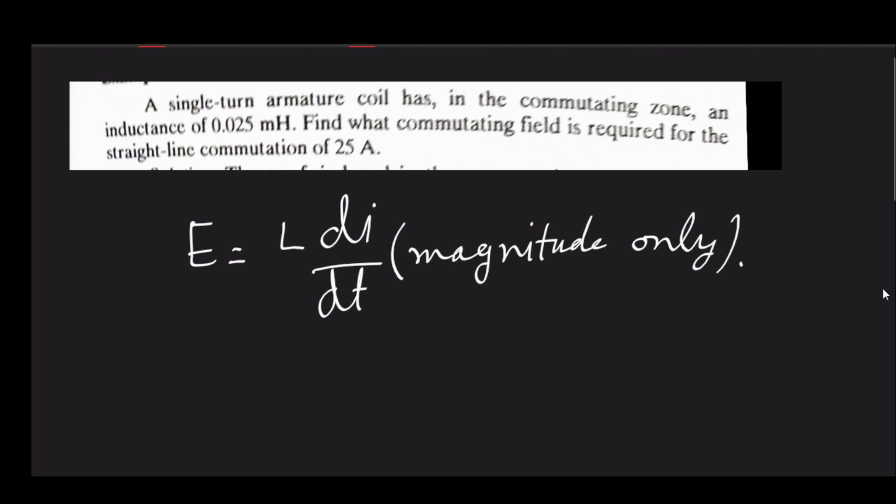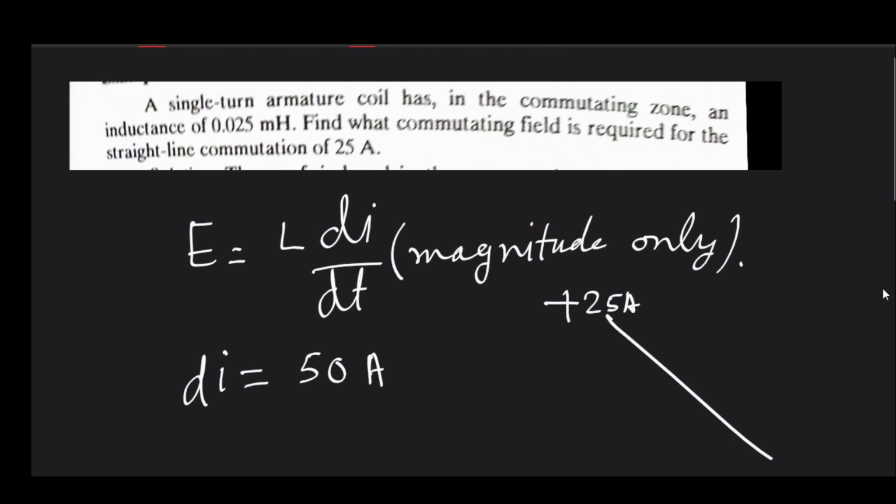So you will find that dI is equal to 50 ampere. 25 ampere means here it is plus 25 to minus 25 ampere. It looks like that.